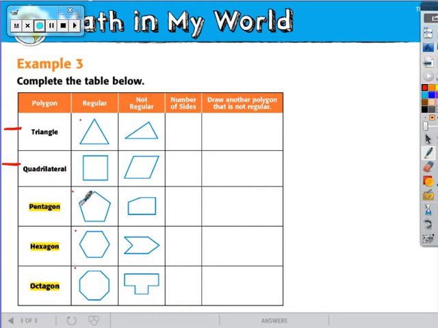So, for example, the pentagon right here. It's still a pentagon if the sides are coming in this way. All the sides can still be of equal length, but the angles aren't. Okay, so it's not regular. Does that make sense? You guys understand what I'm saying?